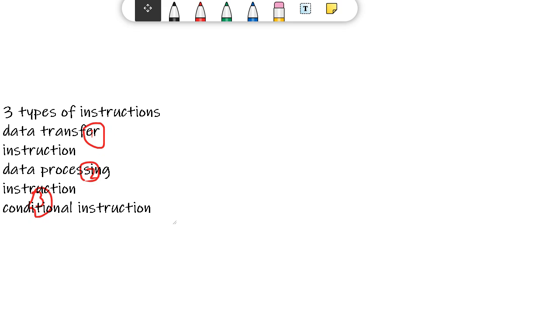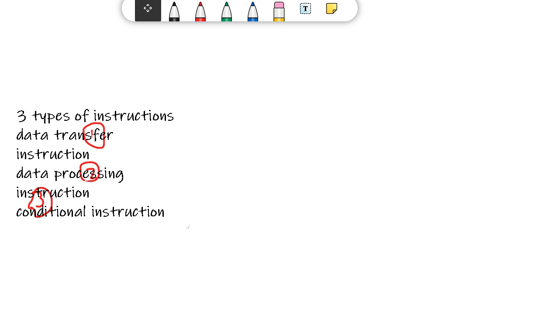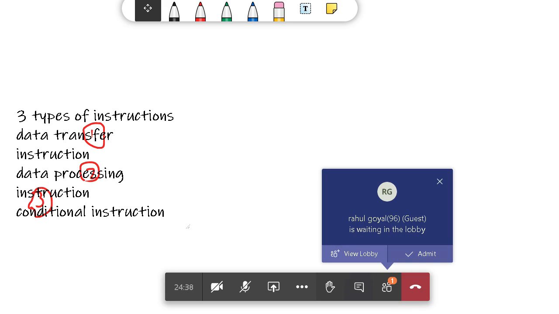In today's class we are going to discuss data transfer instructions. As the name implies, it is used to transfer data. From where to where?